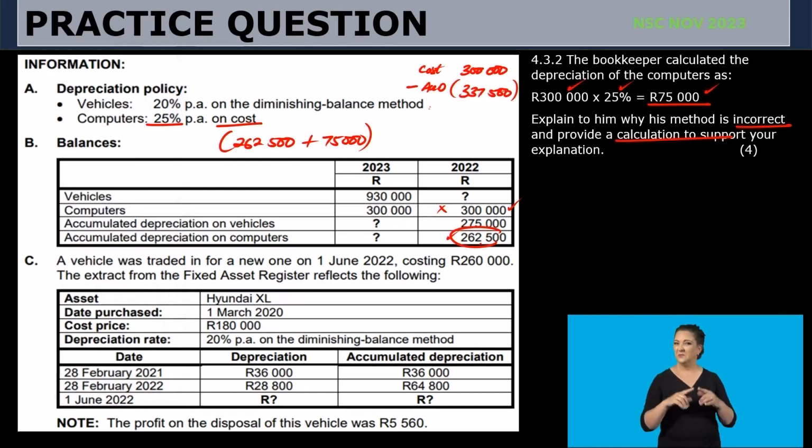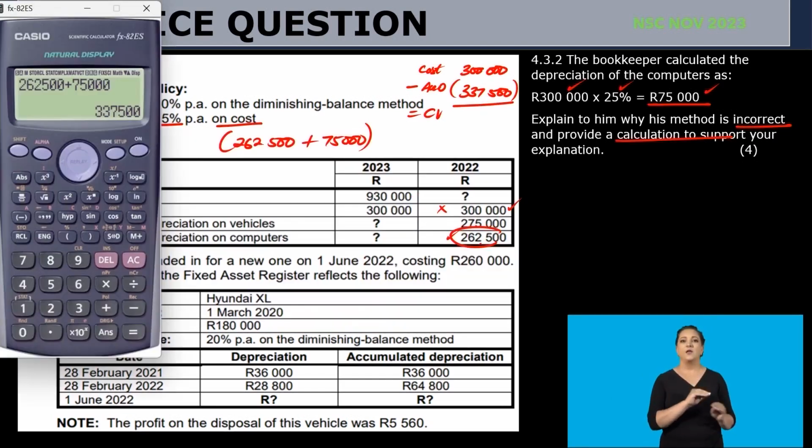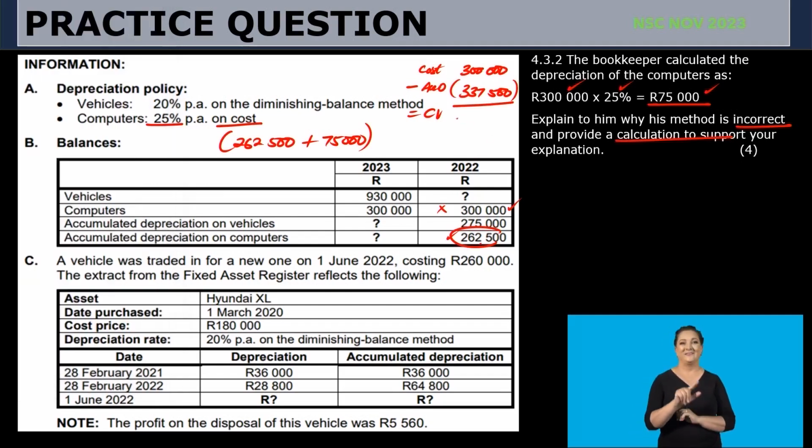337,500. And then I need to get here what we call carrying value. And I know that cost minus accumulated gives me carrying value. So I'm going to come here and I'm going to say 300,000 minus my accumulated, which is 337,500. And it will give me a negative 37,500.